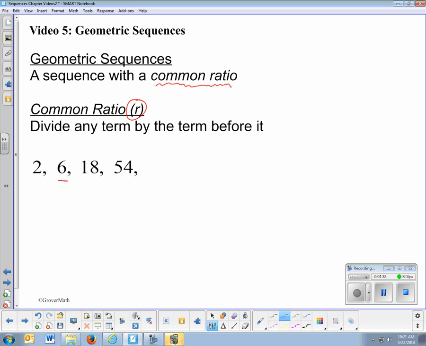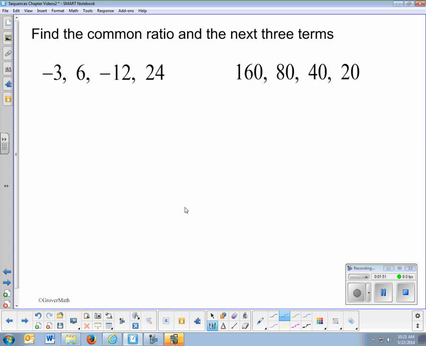These are two consecutive terms, 6 and 18. If I do 18 divided by the term before, 6, that gives me 3. So in this case, my r value, my common ratio, is 3.